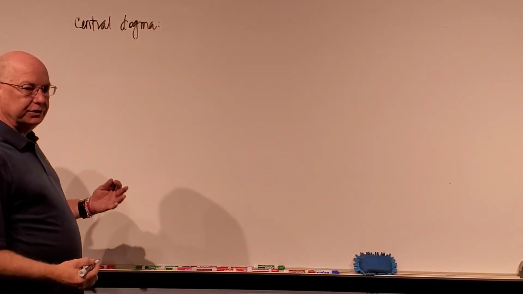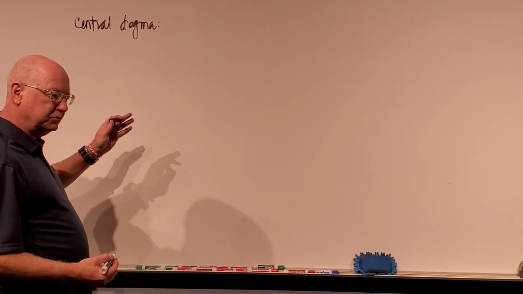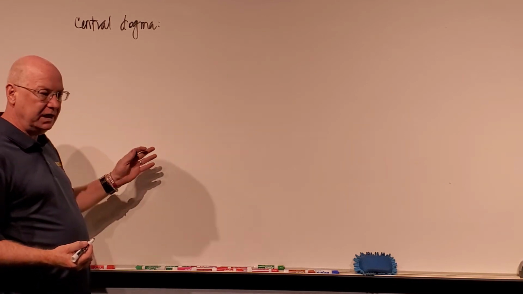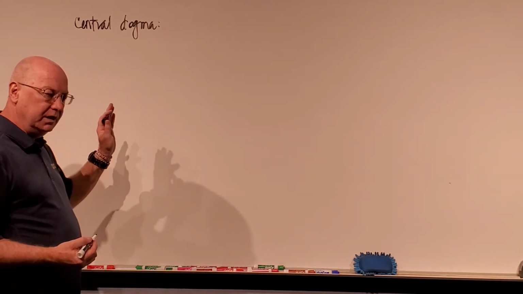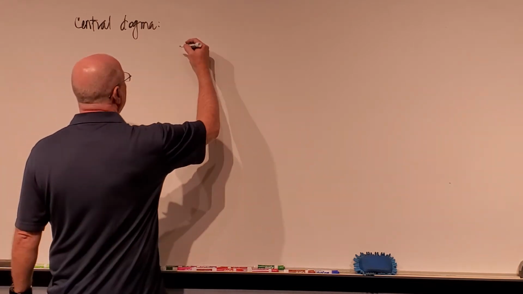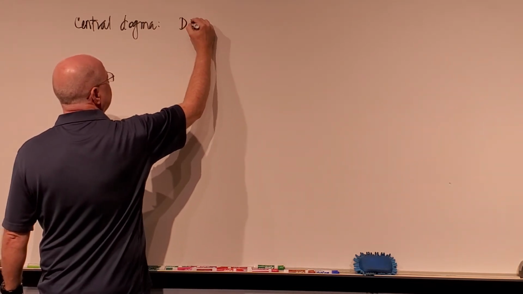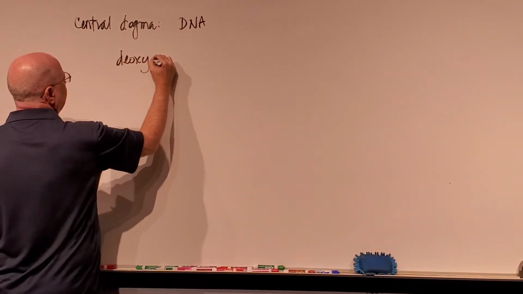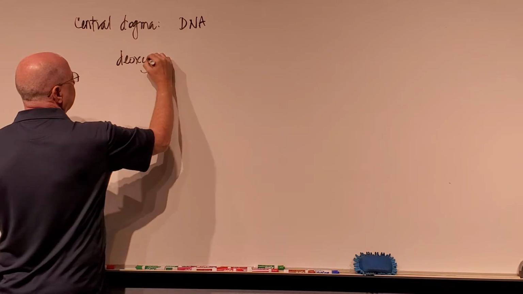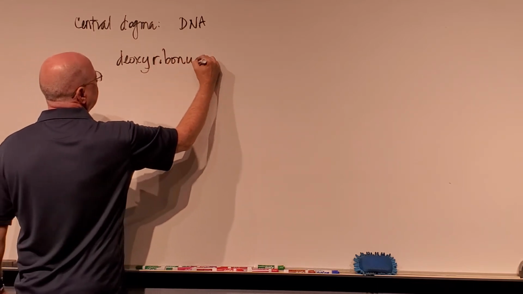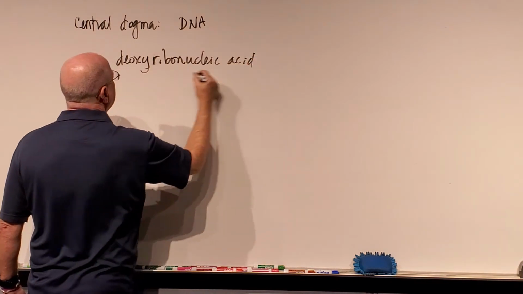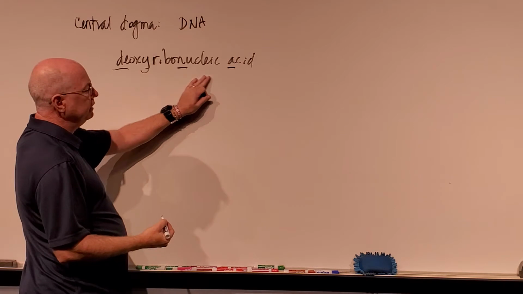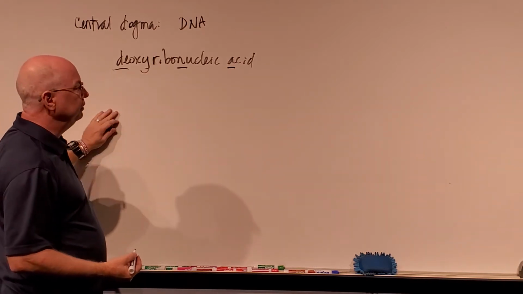And when we first figured this stuff out, starting in the 1930s and 40s, when we were looking for this stuff, in the 50s, when Watson and Crick figured out the structure of DNA, and everyone was able to work out how DNA replication and protein synthesis occur, the central dogma basically said this, that DNA, this molecule, which stands for deoxyribonucleic acid. Here's your D, there's your N, there's your A. Deoxyribonucleic is all one word.